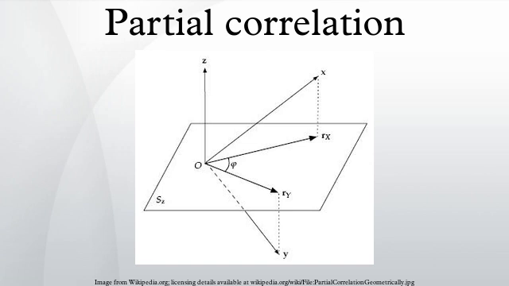To test if a sample partial correlation vanishes, Fisher's Z-transform of the partial correlation can be used. The null hypothesis is H0, to be tested against the two-tail alternative. We reject H0 with significance level alpha if the test statistic exceeds the threshold, where Phi is the cumulative distribution function of a Gaussian distribution with zero mean and unit standard deviation, and n is the sample size.